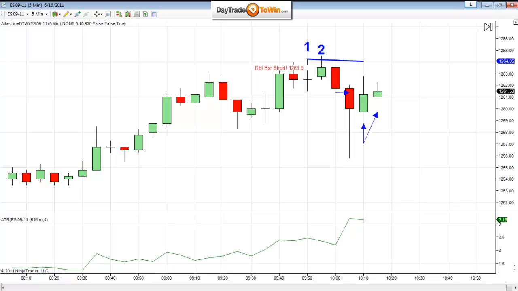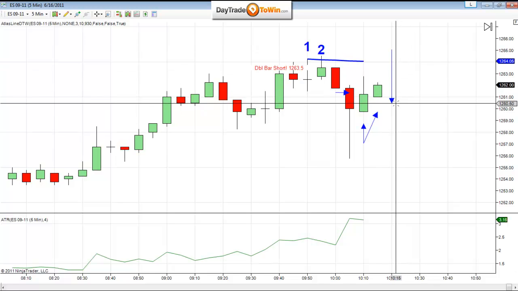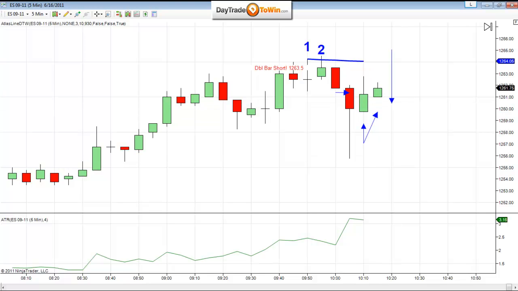All I'm using is price action. 2 consecutive green candles showing me a pullback. The first red candle that posts after these 2 green candles are finished, I'm short. That's my definition of an Atlas Line pullback, and you enter the trade short.